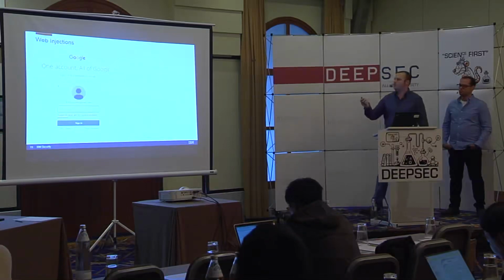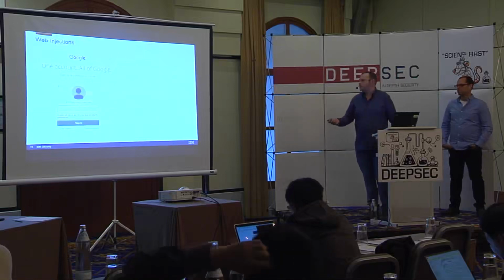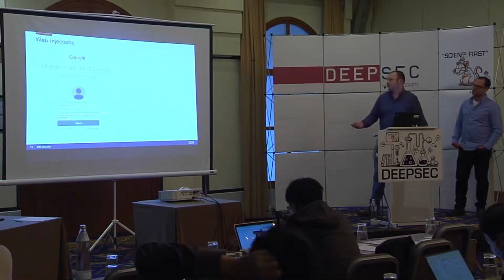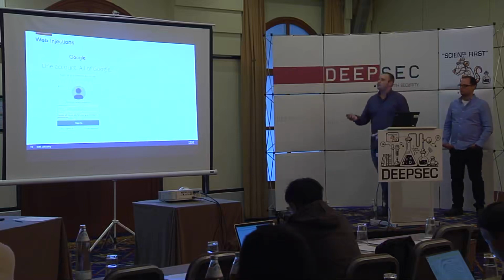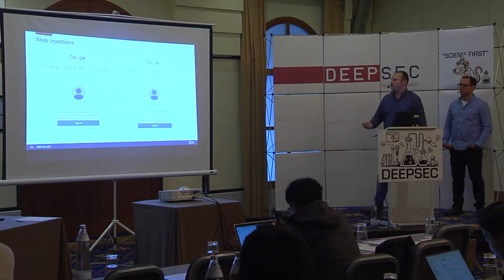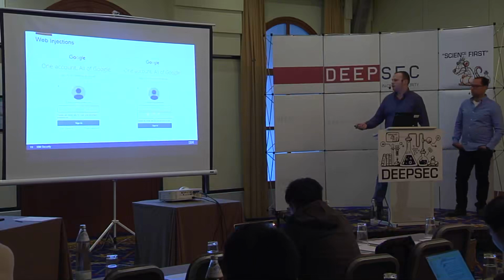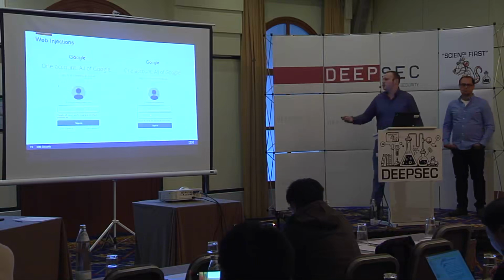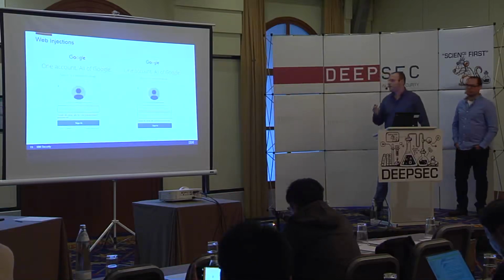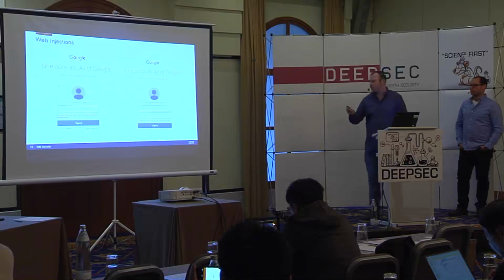For example, if this is your Gmail login page on a clean machine, you have a field and it says that Google will never ask for your grandmother's preferences. If you have financial malware on your machine, it may alter the page to look a little bit like this. It will have another field here, and it will ask you for your grandmother's favorite pet, for example. Malware usually does this in order to get additional information that it needs for making a successful transaction.